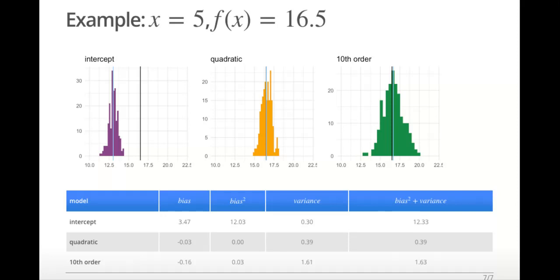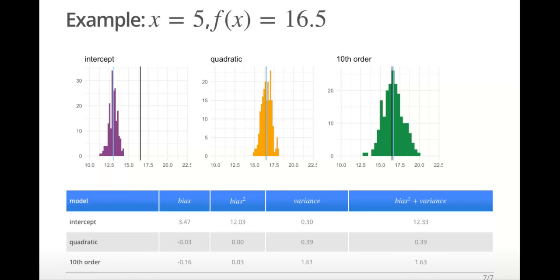The vertical black line shows the value of the true function at 5, f of 5, which is 16.5. The blue vertical line shows the average of the estimated functions at 5. The difference between these two lines is the estimated bias. We can also see the bias and variance estimates in the table.